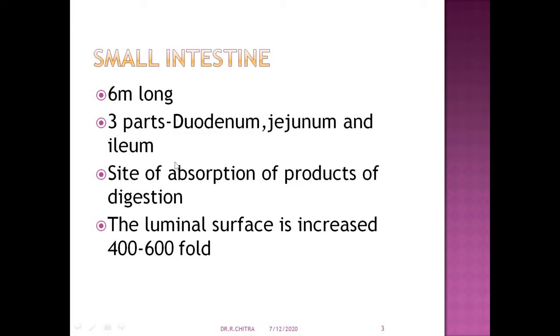So for that purpose, the microstructure of the small intestine is modified, which will be able to favor the absorption of the products of the digestion. We can't just imagine how much the surface has been increased, 400 to 600 times by its own modifications.